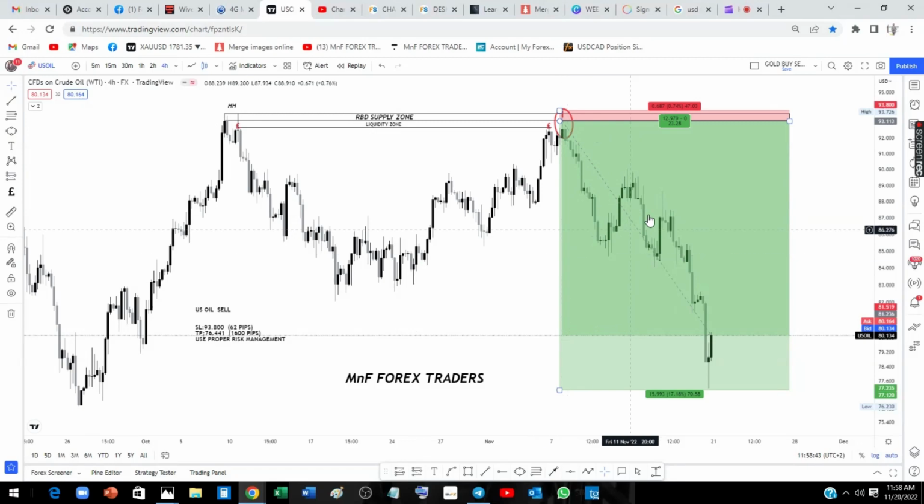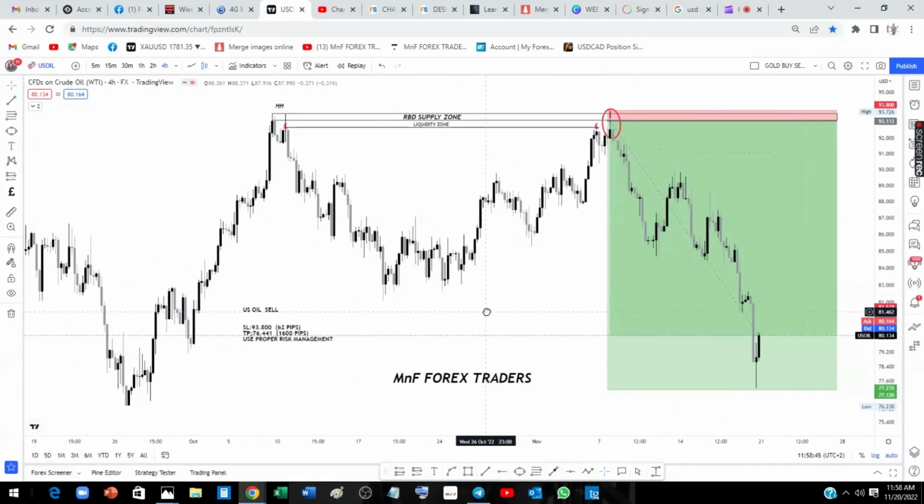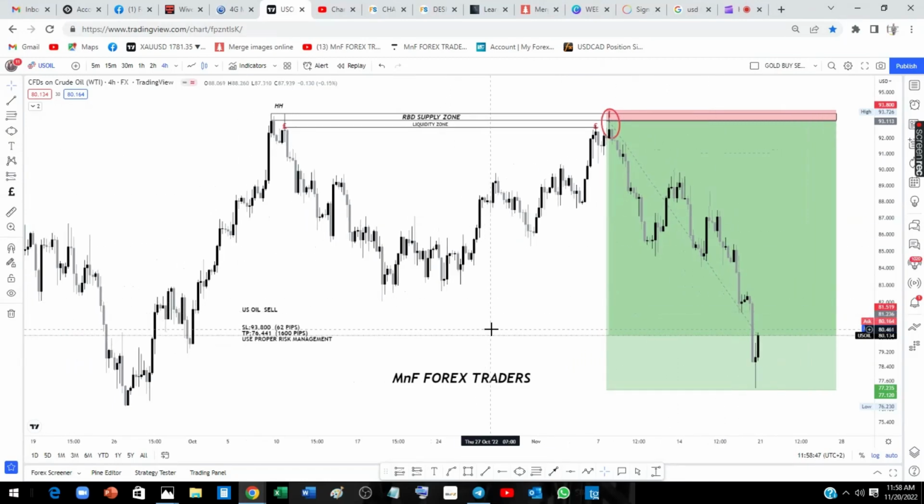You'd have just held on to this particular trade and would have made a ton of money on this setup alone. All right, so I always encourage you, have a long-term mindset. One trade should not be able to make you or break you. Remember that all these trades work in terms of probability. There is no way to know on a trade by trade basis what's going to happen next.